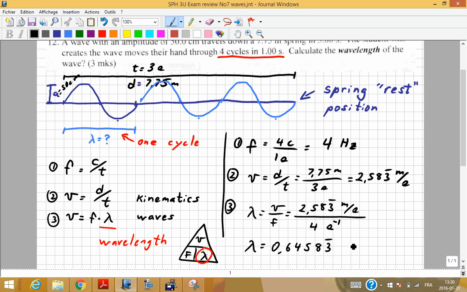And here we have meters per second divided by second to the -1. If you remember from your exponent rules, second to the -1 is the same thing as 1 over seconds. So we have meters per second divided by 1 over second.